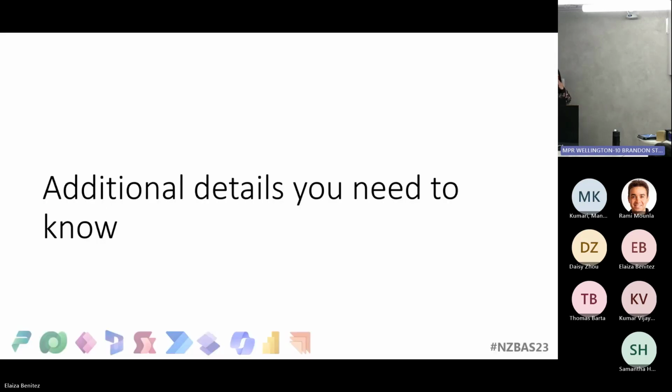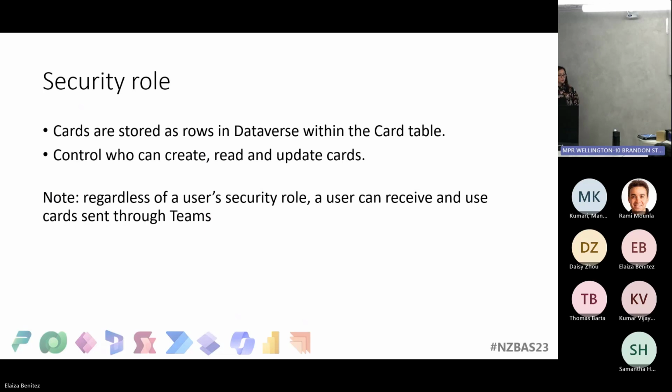So in terms of the additional details you need to know, there is a couple of new security roles. As I mentioned, cards are now stored as rows in Dataverse within a new table called card. It can control who can create, read, and update cards. But I put a note in here because regardless of a user's security role, any user can retrieve and use cards sent through Teams.